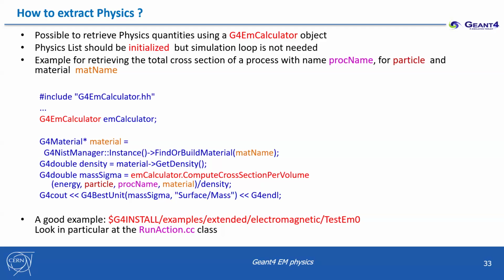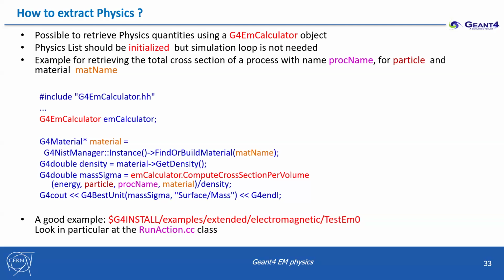And on this slide, it is shown how to use G4EmCalculator to compute dE/dx or, for example, cross-sections. For that, access to data from Geant4. All you need is to instantiate the physics list and initialize it.